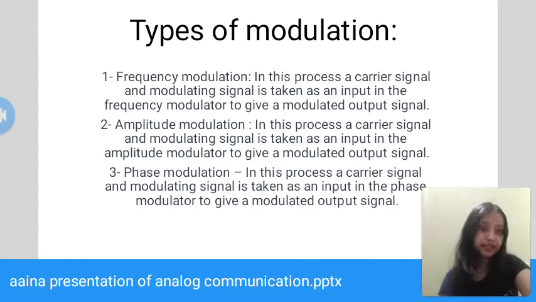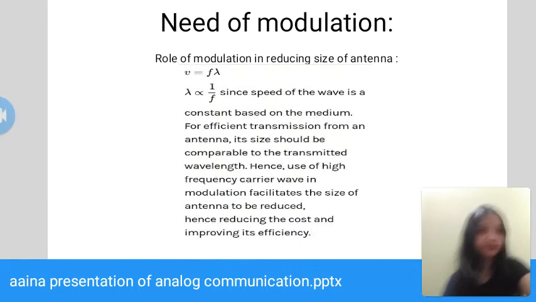In this process, a carrier signal and modulating signal are taken as input in the amplitude modulator to give a modulated output signal. Number 3, phase modulation. In this process, a carrier signal and modulating signal are taken as input in the phase modulator to give a modulated output signal.